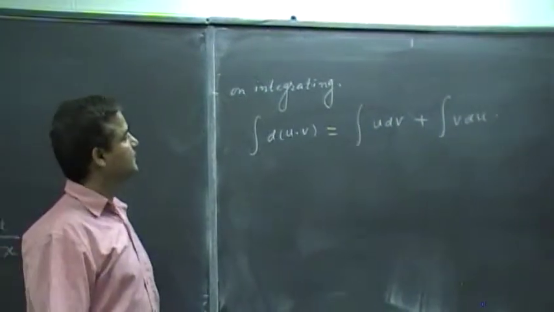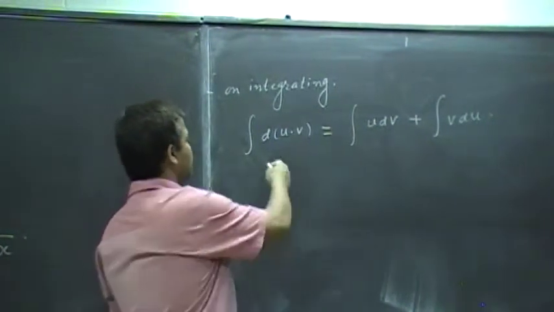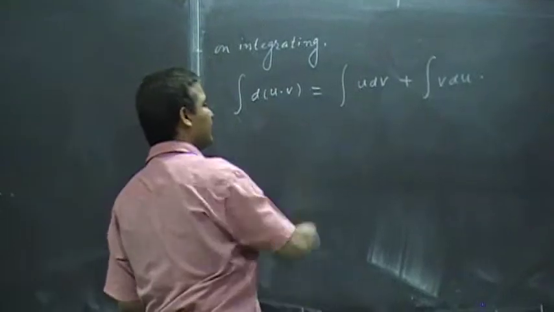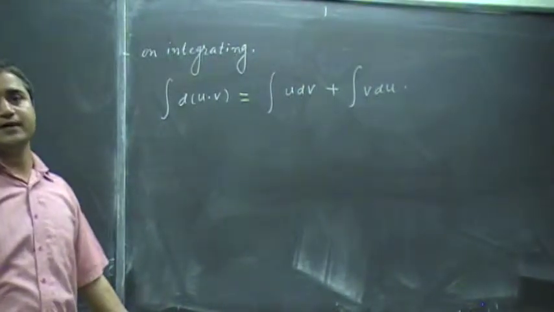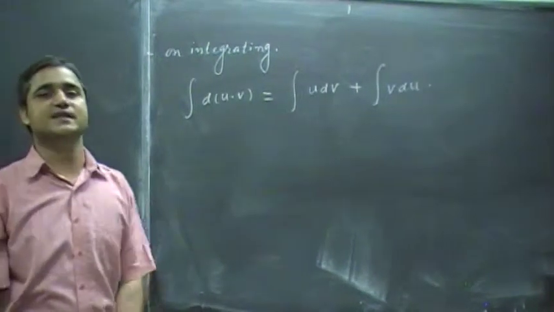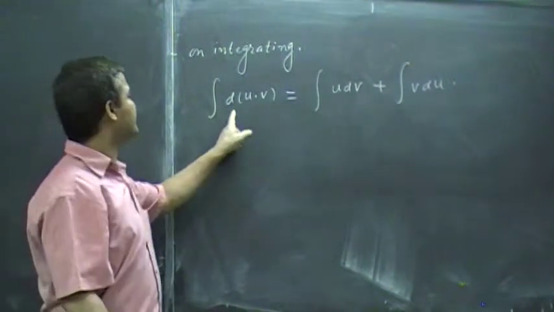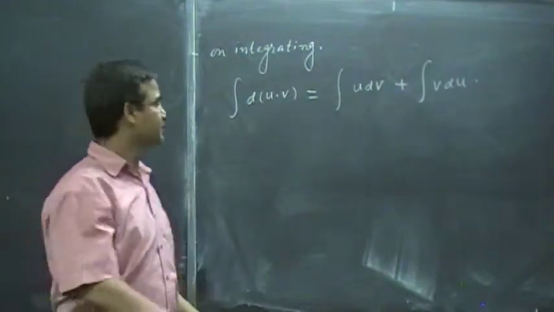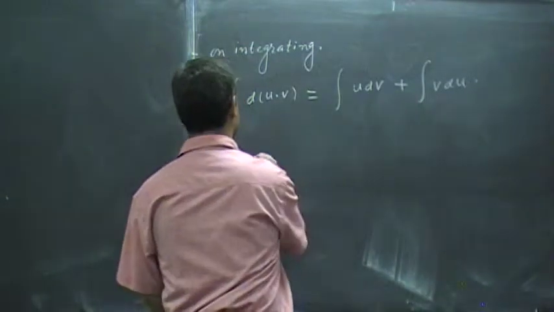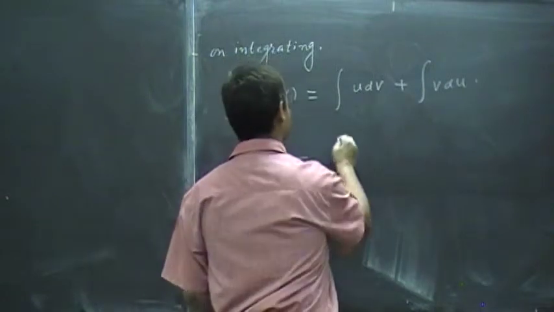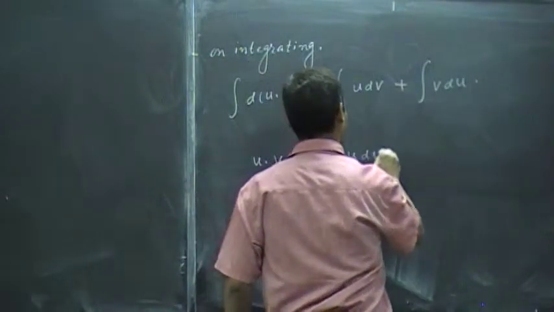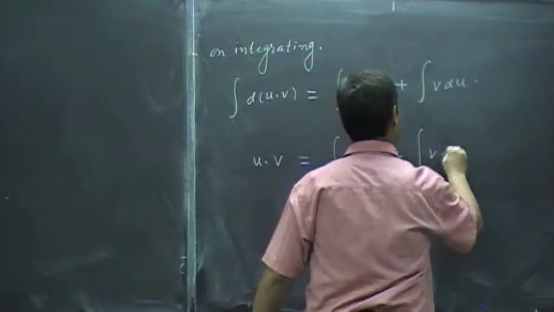Let's see. u and v are functions of x. So u times v is another third function, say w. So the integral of dw is w, right? So the integral of this is u times v, which equals the integral of u dv plus the integral of v du.